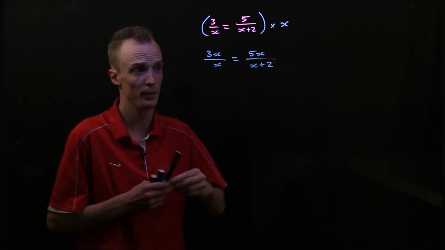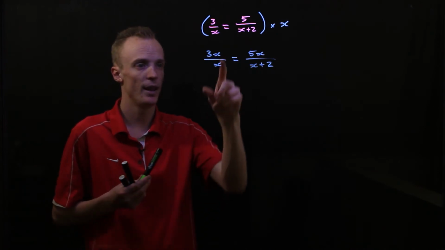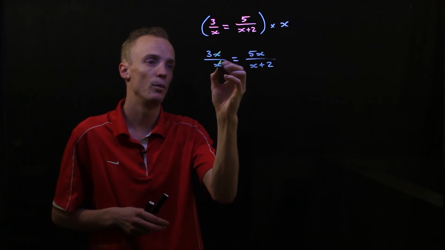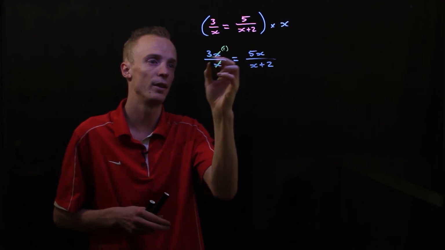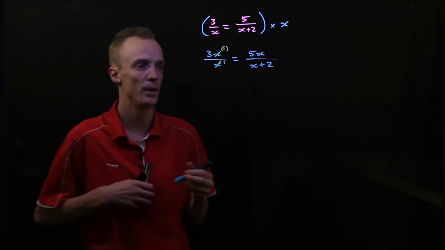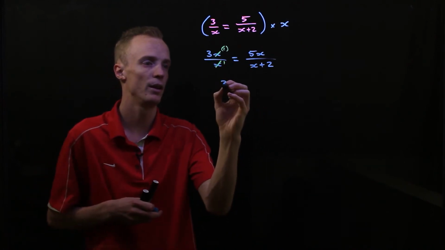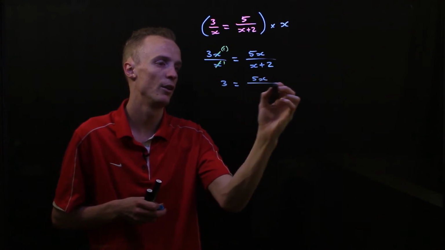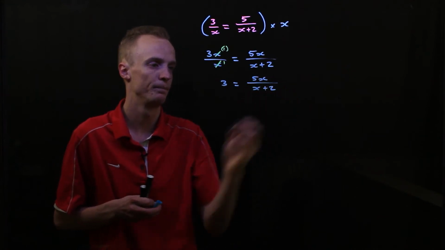And what this enables us to do is cancel the x's here, because x divided by x will just equal 1, and 3 times 1 will just be 3. So this leaves me with 3 is equal to 5x over x plus 2.